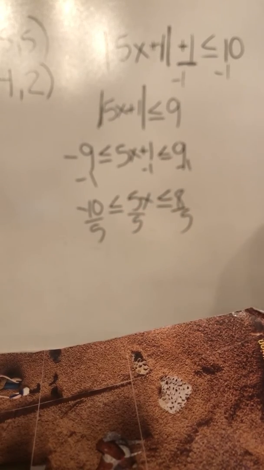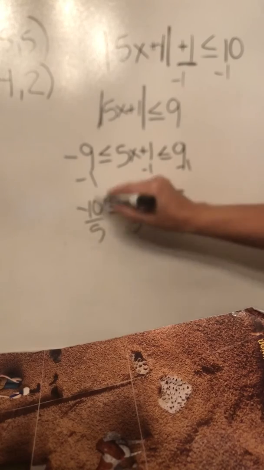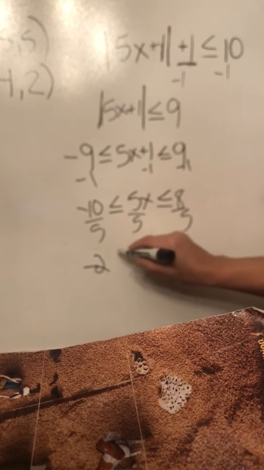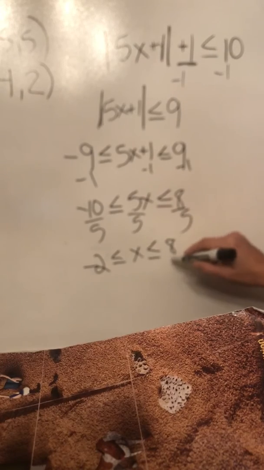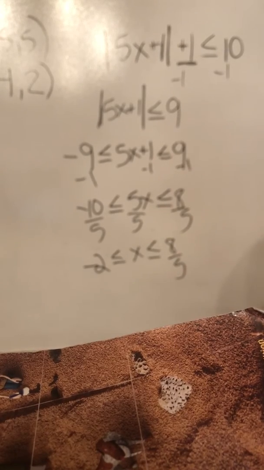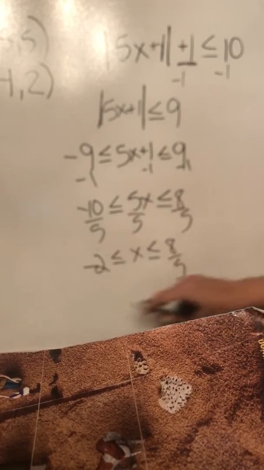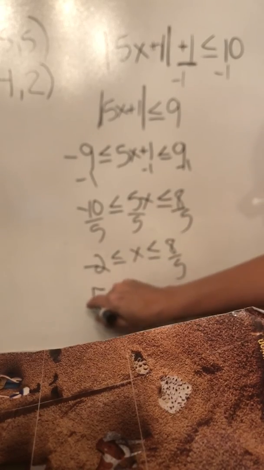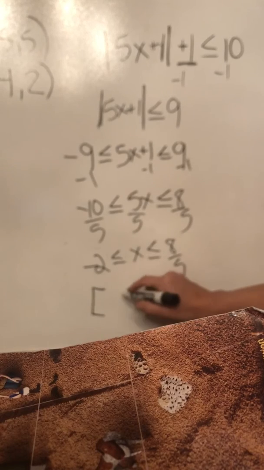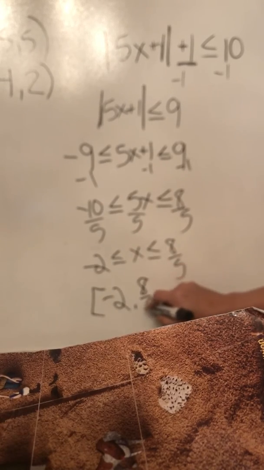Just checking to make sure it's still in the video. What do we have here? We have -2 less than or equal to x less than or equal to 8/5. So here is your solution, and it's less than or equal to, so we're going to use the square brackets. We have [-2, 8/5] for your solution set.